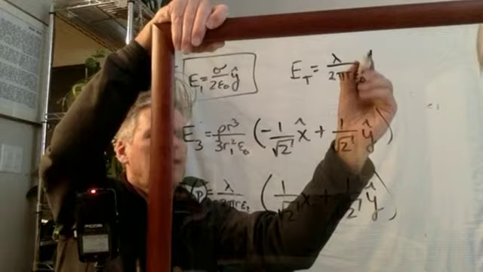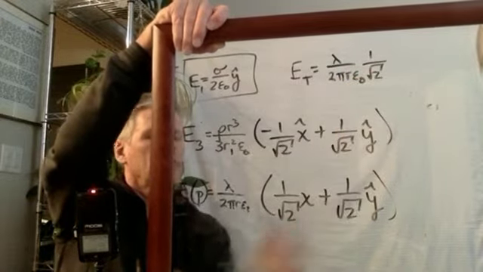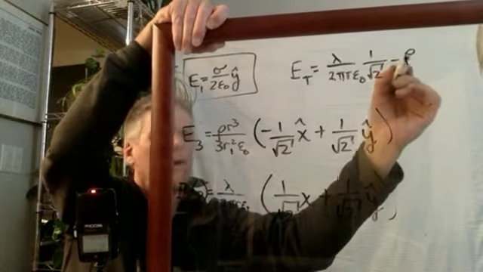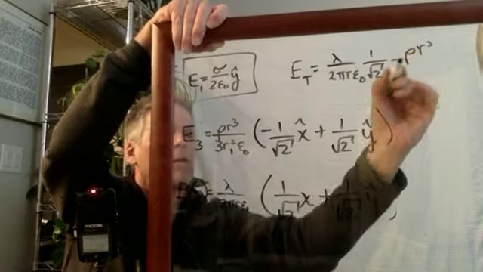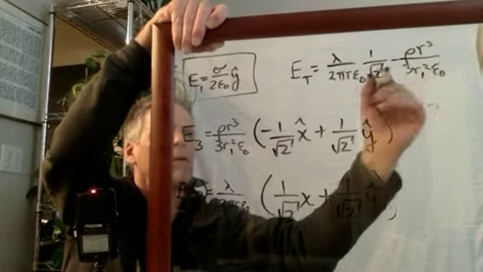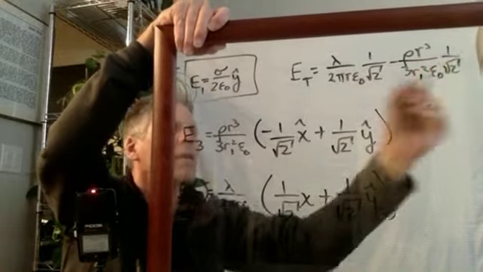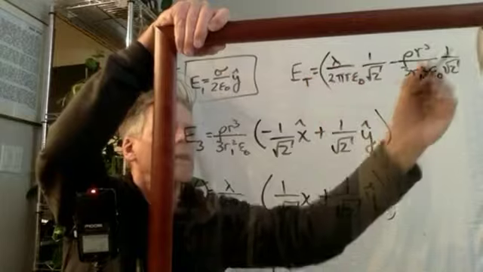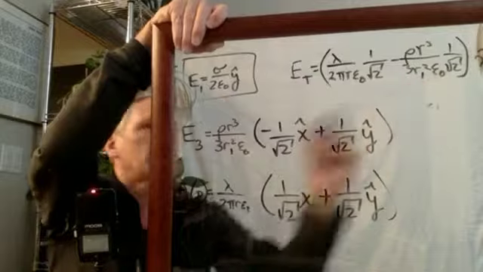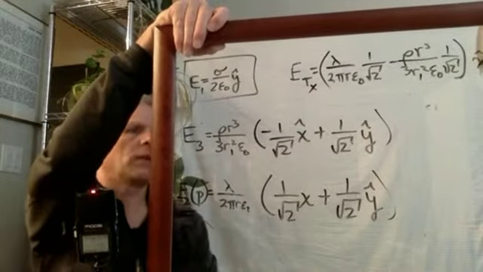Yeah, I'm going to go ahead and write it out like this, even though 1 over square root of 2 minus rho r cubed over 3r1 squared epsilon 0, 1 over square root of 2, and I'm going to go ahead and write out each individual component because I don't have room here to put them together like that.